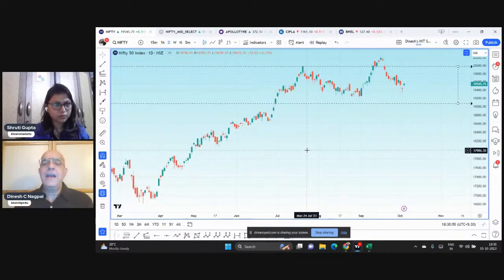The other thing is that if anyone wants to practice harmonic patterns, please practice on spot charts, not futures charts, because a futures chart has a premium or discount factor. As the settlement comes to a close, the premium vanishes, so your ratios get altered very badly. So stick to spot; it gives you a very high level of accuracy.